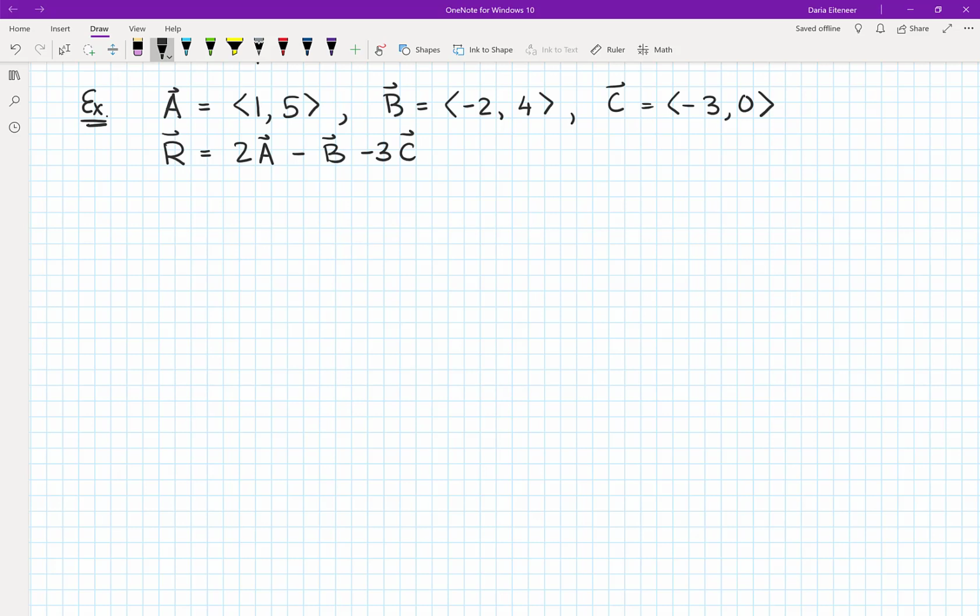So I'm combining here negation, vector addition, and scalar multiplication.